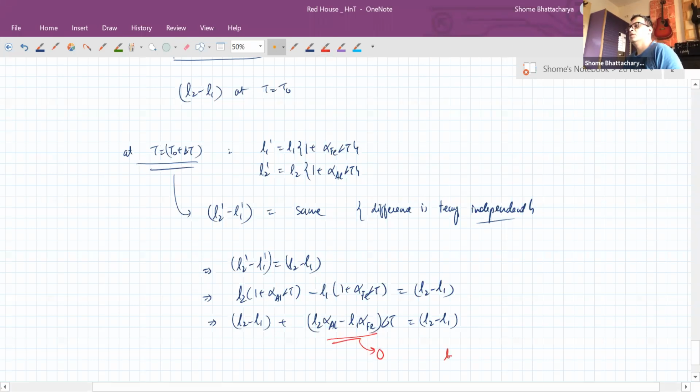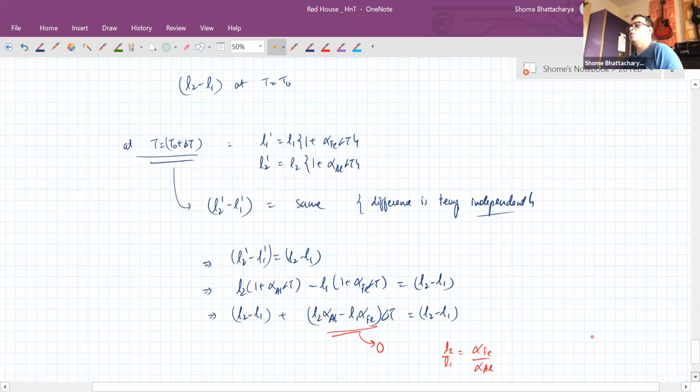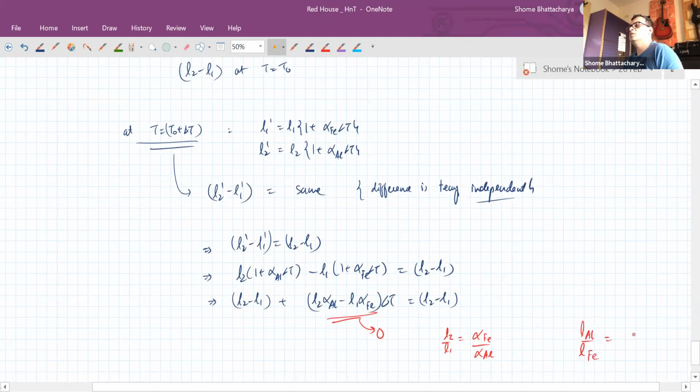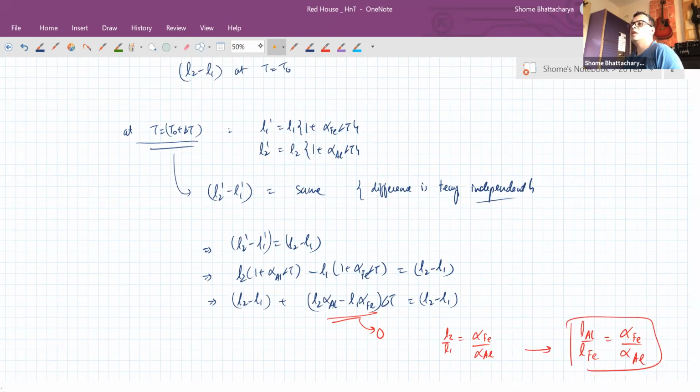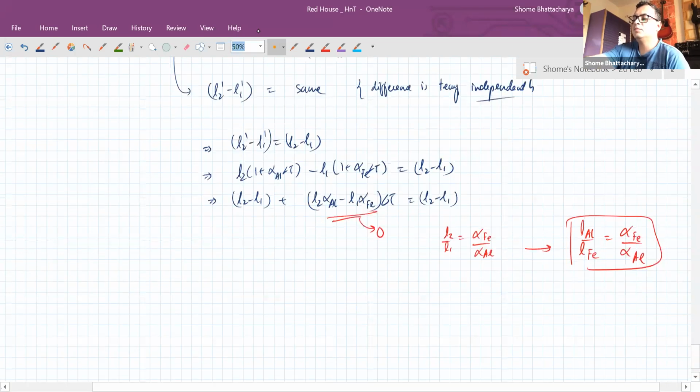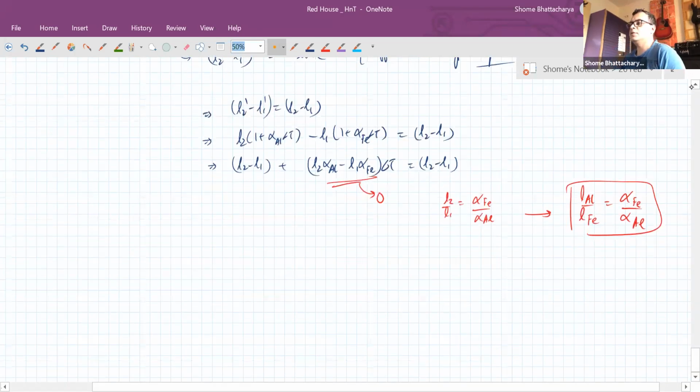So that means L2 by L1 should become alpha of iron divided by alpha of aluminum. The ratio of the length of the aluminum rod to the length of the iron rod should be inverse of the ratio of the coefficient of thermal expansions. Then what will happen is that the difference in length of the two rods will be independent of temperature. It will be the same at all temperatures.